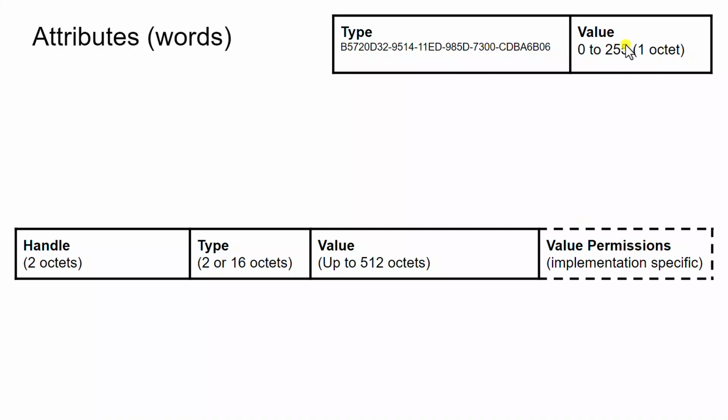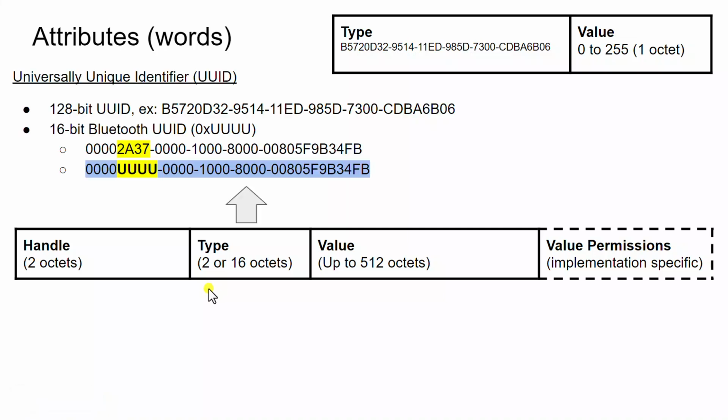So we have the type and the value, but if we're going to store it, there are also handles, and then value permissions.